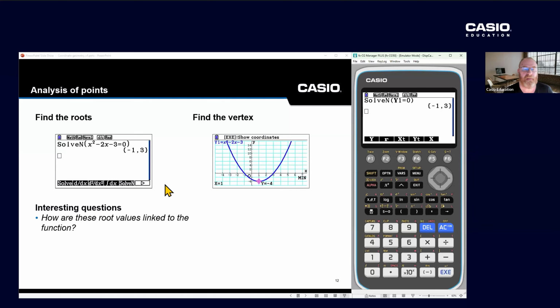You can also extend this and say, okay, if we have our graph, so let's do menu 5 again. Let's get rid of our horizontal line, and if I draw it, there is my graph. Can I analyze it? Yes, I can. I can shift and G-solve and then find the minimum.